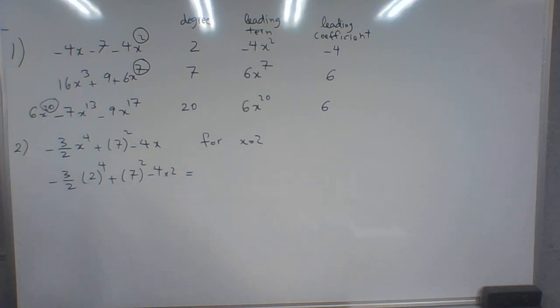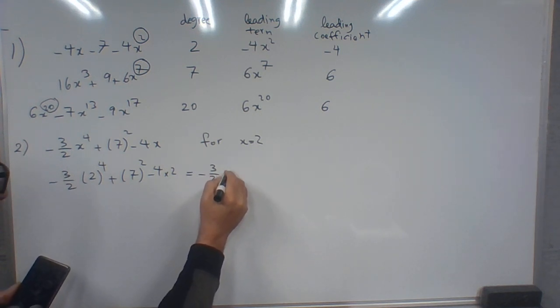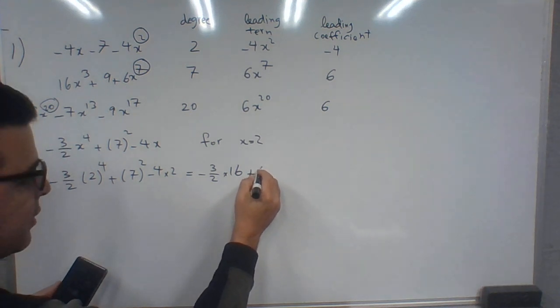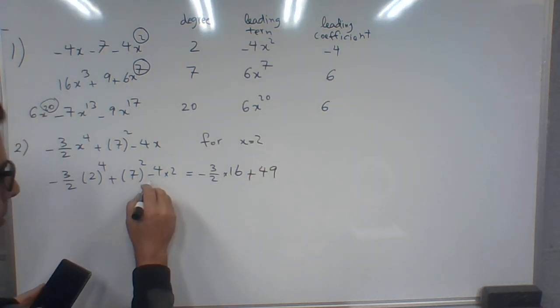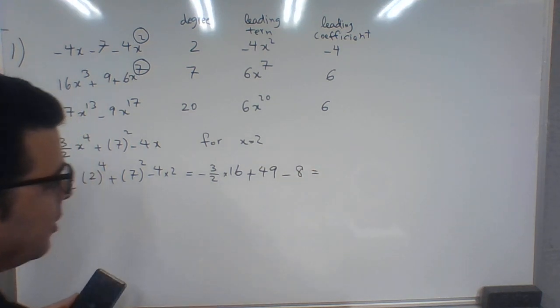So 2 by 2 is 4, 4 times 2 is 8, and 8 times 2 is 16. So we have negative 3/2 times 16 plus 7 squared is 7 times 7, 49, minus 4 times 2 is minus 8.